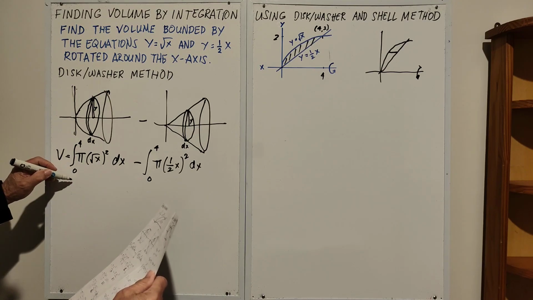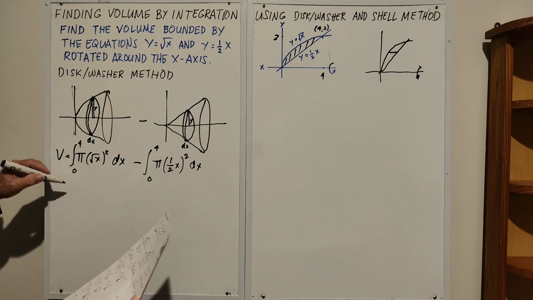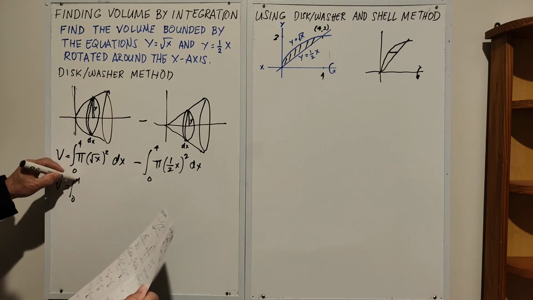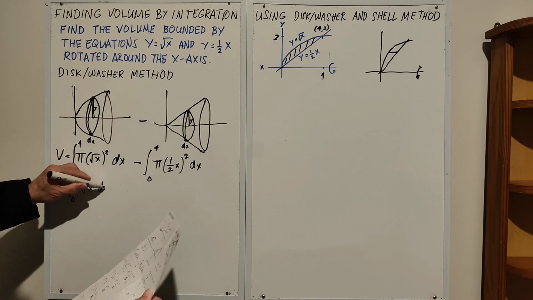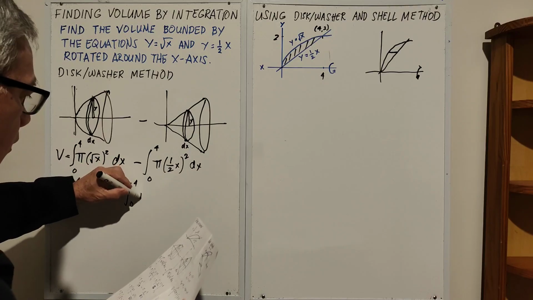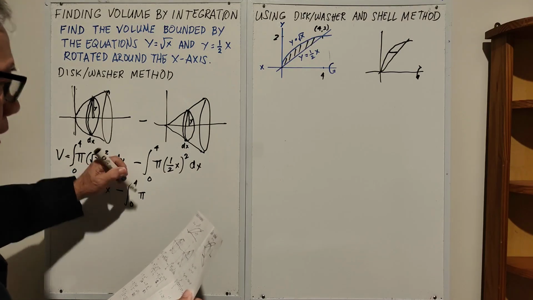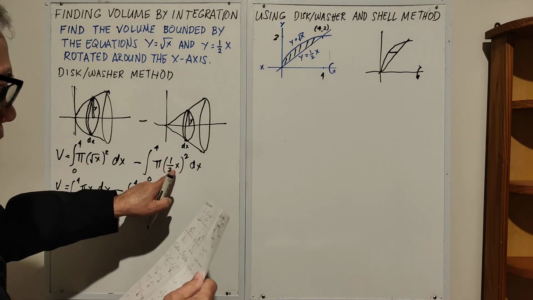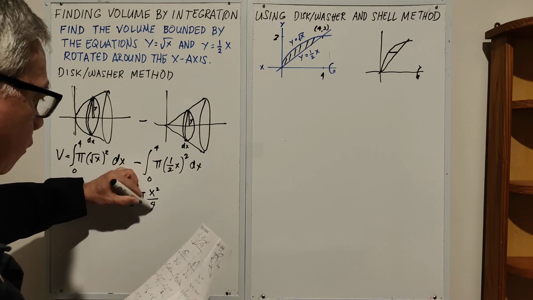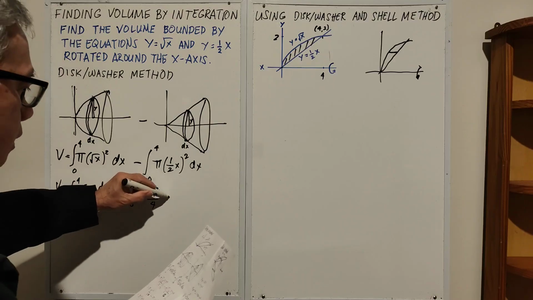I think it's easier to rewrite to avoid confusion. So the volume is the integral from 0 to 4 of pi x dx minus the integral from 0 to 4 of pi times, if you square this one, x squared over 4 dx.